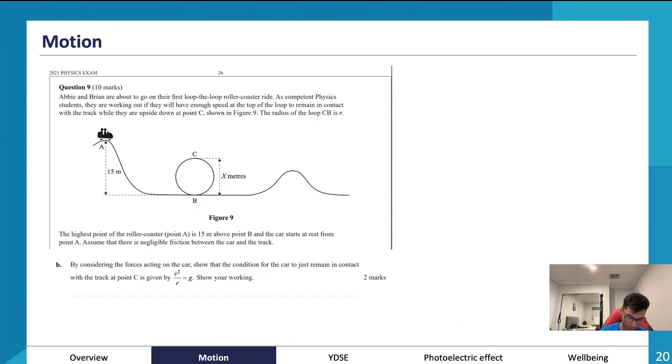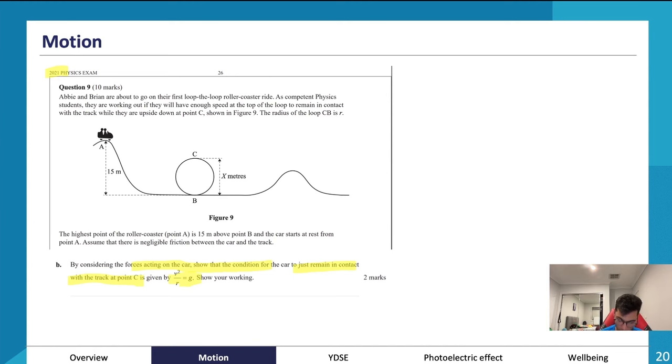Cool, so this brings us to another VCAA question, I think another 2021 question. In this question, we have a roller coaster being dropped from some height, and it's going through a loop. The question asks us to show that the speed to just remain in contact at point C is given by this.